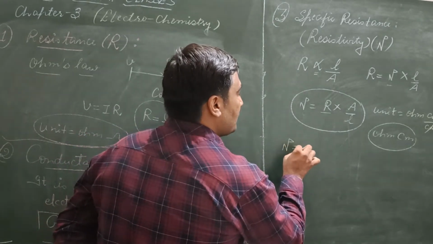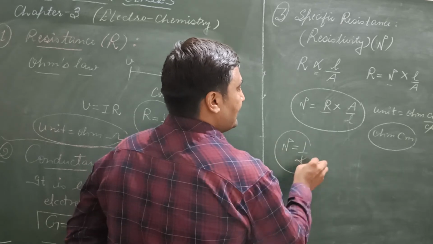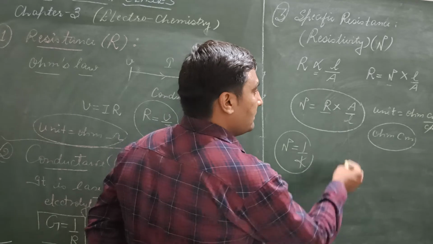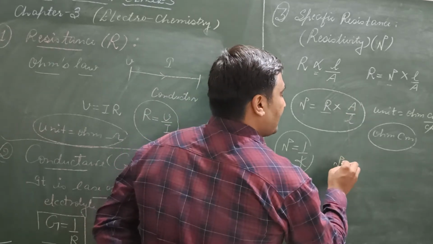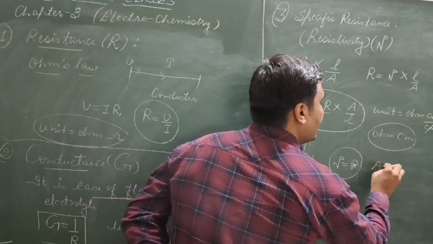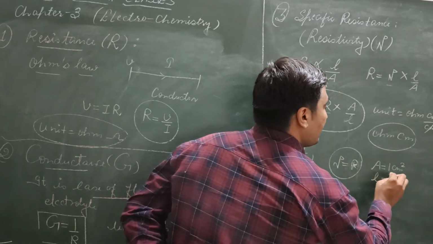Resistivity can also be equal to 1 by kappa. We shall discuss it later on. When we define it, rho equals R when the area of cross section of the cell equals 1 centimeter square and the length equals 1 centimeter.